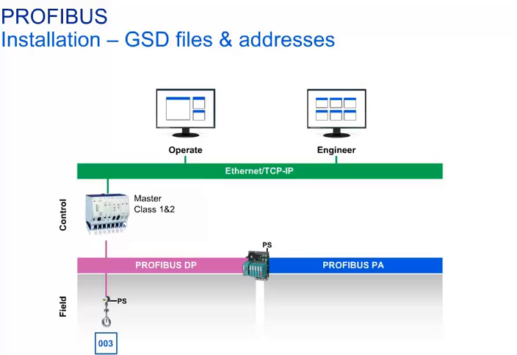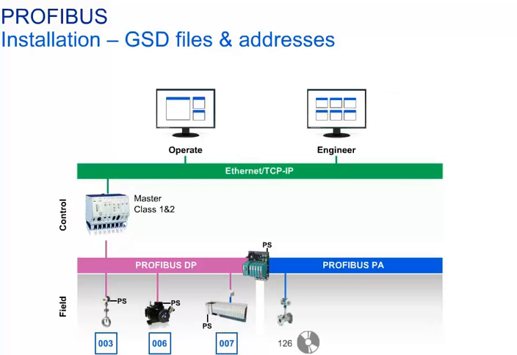In the next step, the default Profibus address 126 is changed to a free address between 3 and 125. Note that the addresses 0 to 2 should be reserved for the master. The before-mentioned procedure is repeated for all other field devices you want to install.